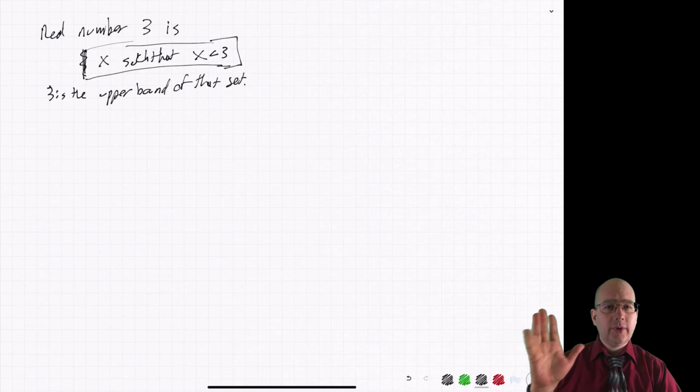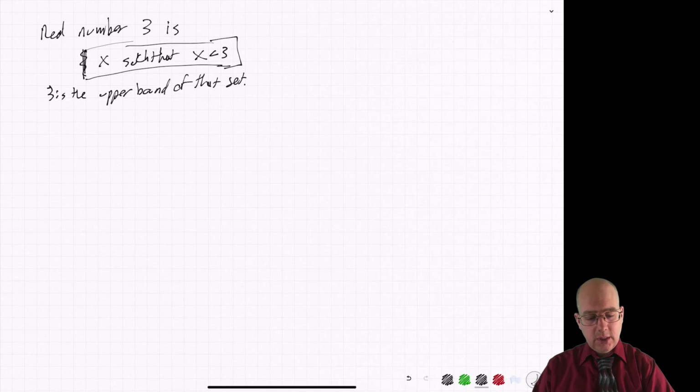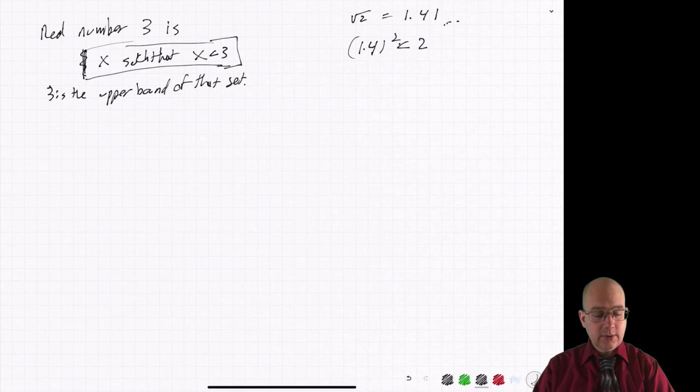And all those decimal approximations, so like the square root of 2 is equal to something like 1.41 something. And so 1.44 squared is less than 2.